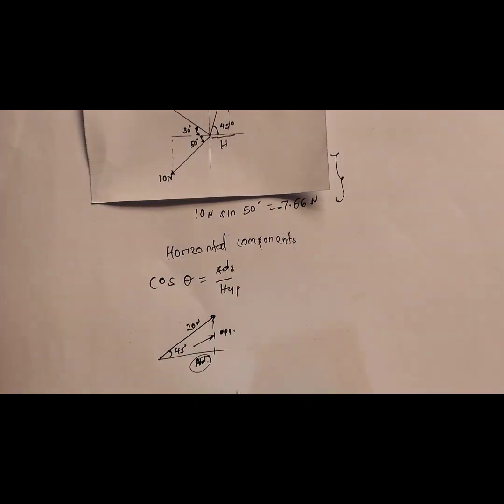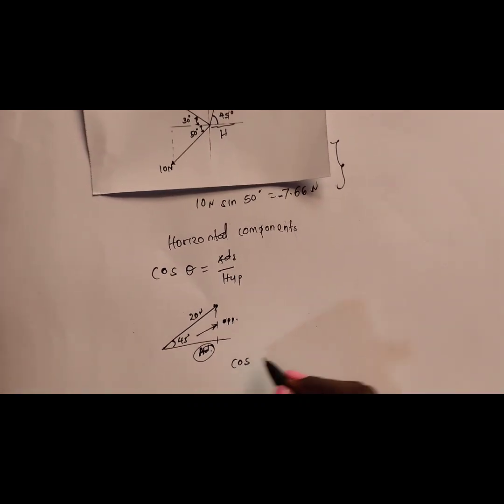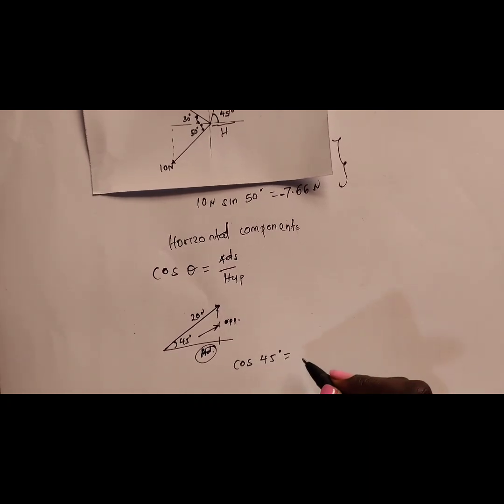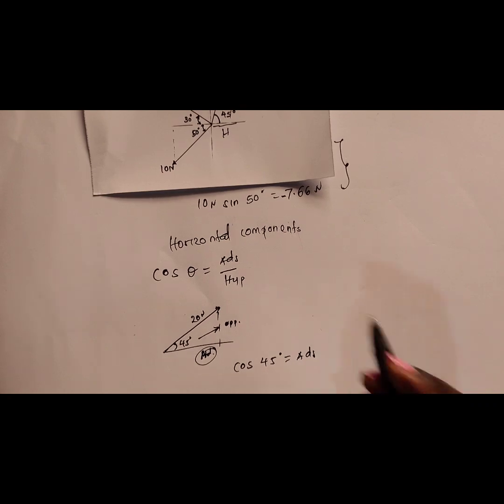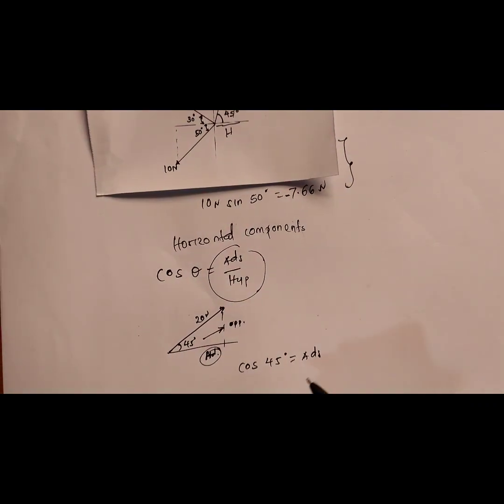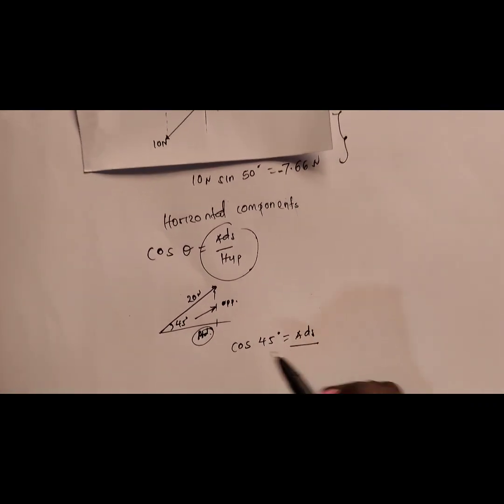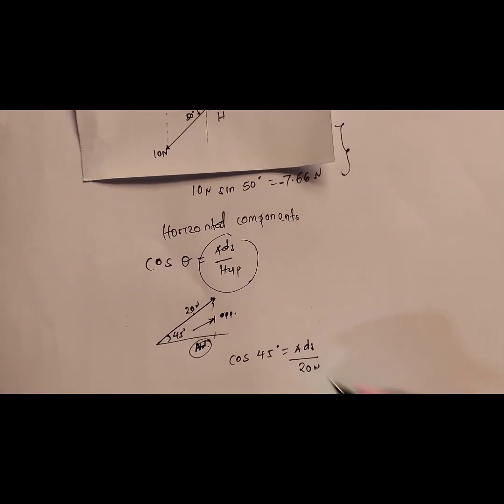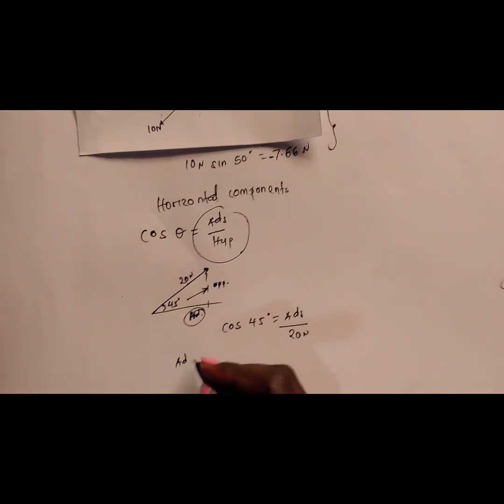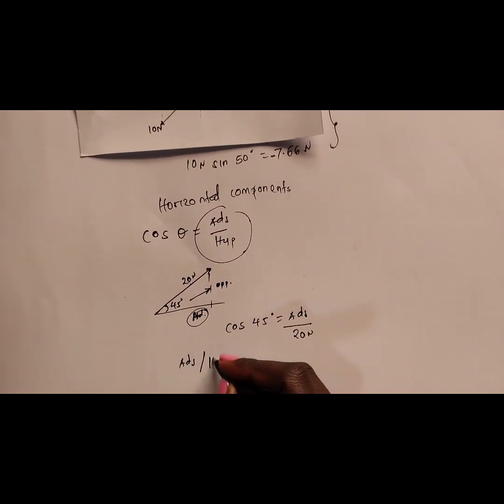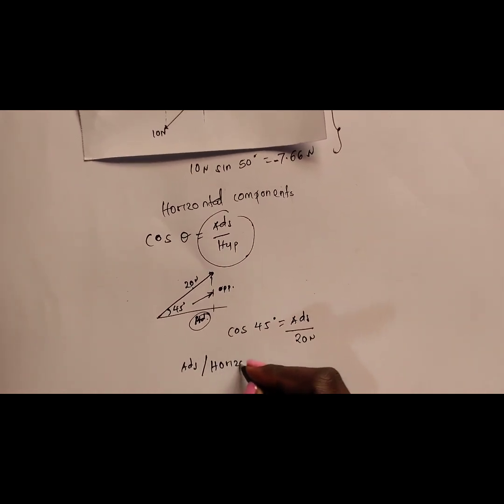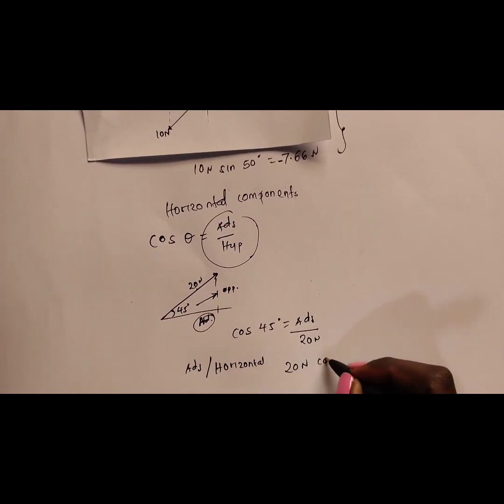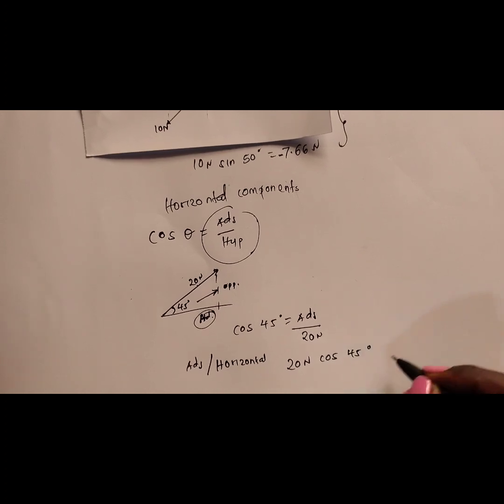Using the cosine, cosine of 45 degrees would be equal to adjacent by hypotenuse, and the hypotenuse is simply the magnitude of that force, that is 20 newtons. Now we'll have our adjacent, which is our horizontal component, as 20 newtons cosine of 45 degrees.